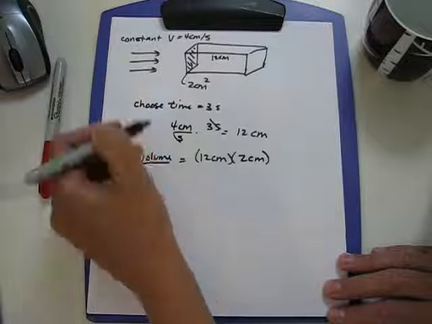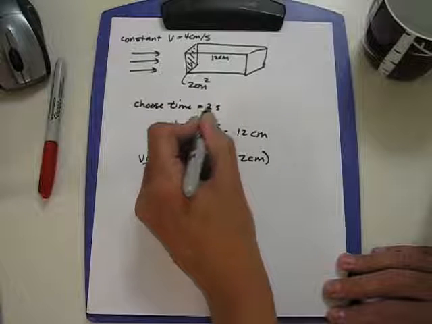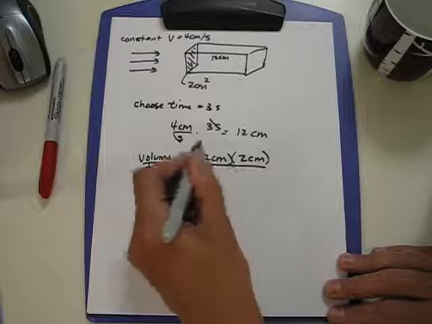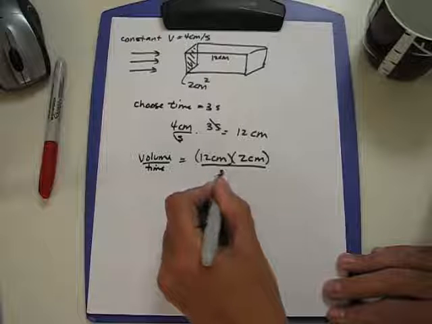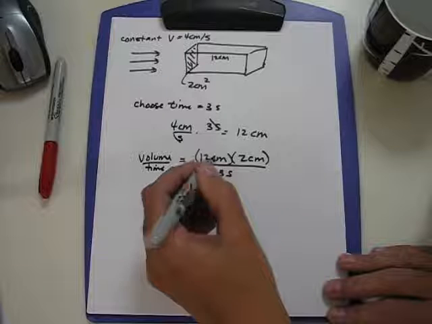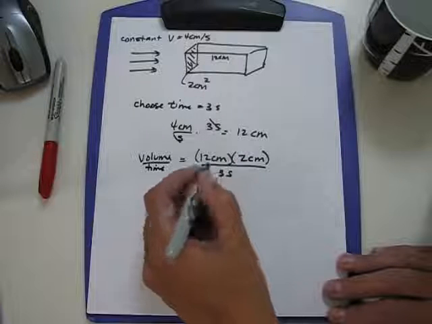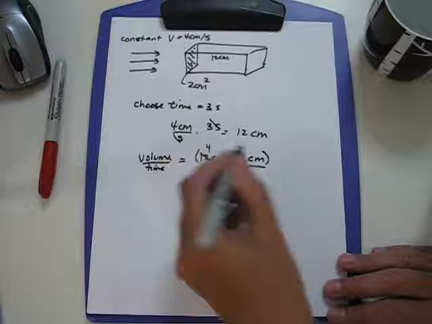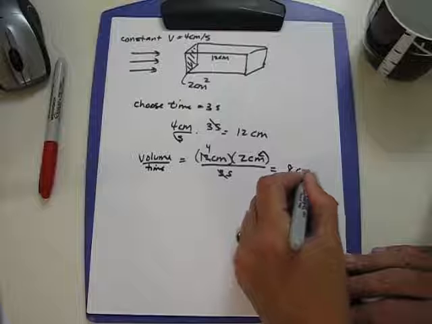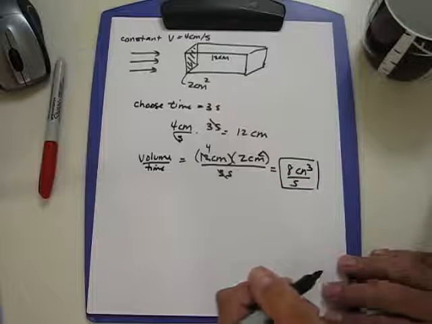And if we want the volumetric flow rate, we want that volume that has passed in the time we chose. So we divide that by the time, which was 3 seconds. So the speed of the flow times the cross-sectional area divided by the time gives us 8 centimeters cubed per second, our volumetric flow rate.